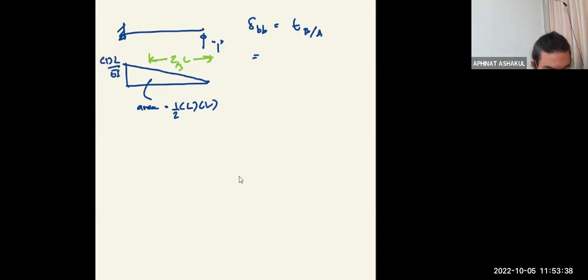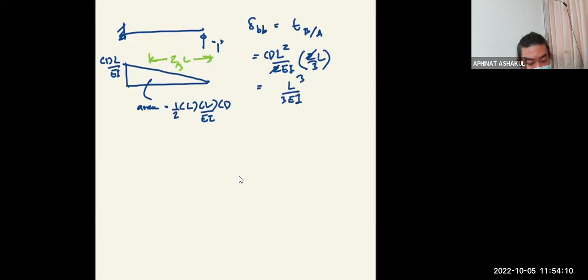So it is L square over 2EI, if you want to put the unit load there, which will help clarify things, multiplied by 2/3 of L. So here we go, it's L cubed over 3EI. That is the displacement calculated based on the unit load.